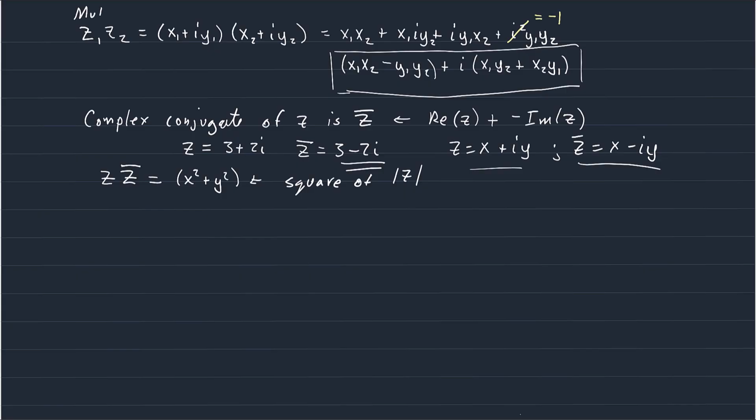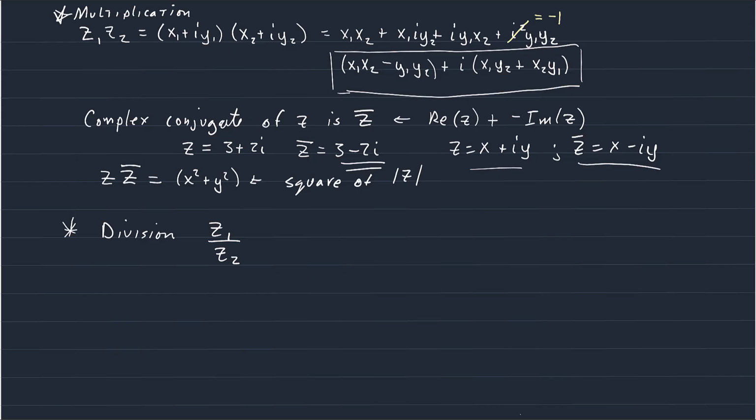Okay, so that was multiplication. Now let's consider division. So let's divide z1 by z2. The trick is, we know how to multiply two complex numbers, but we don't know how to divide by a complex number. There's no real definition for that.